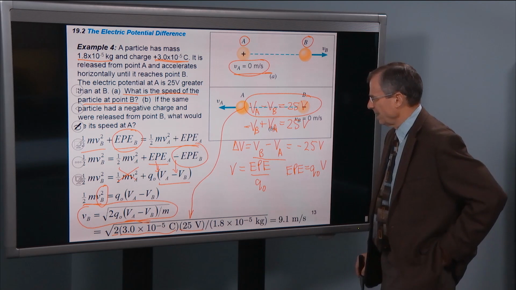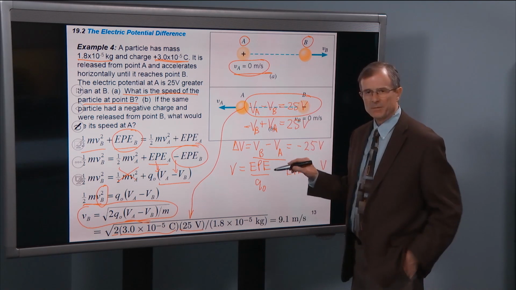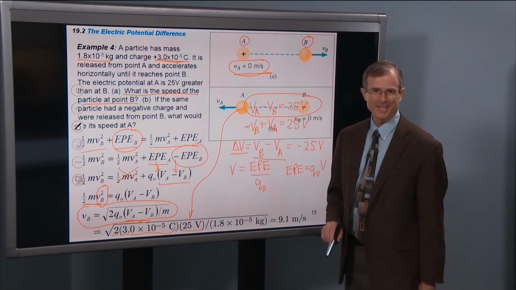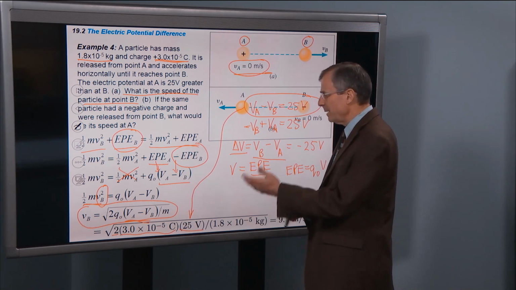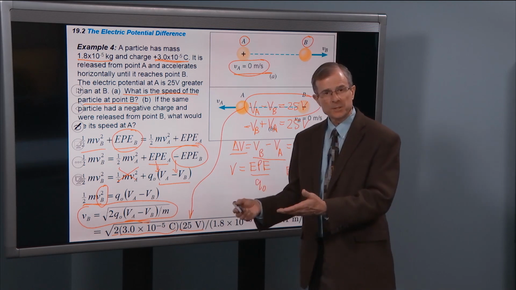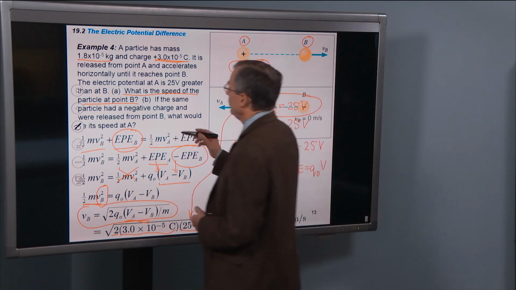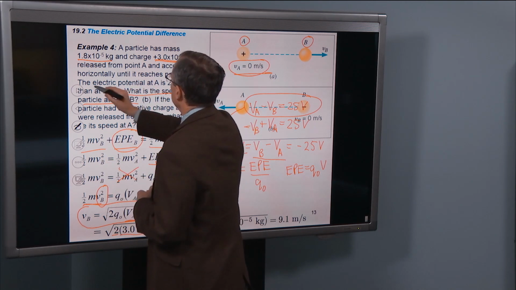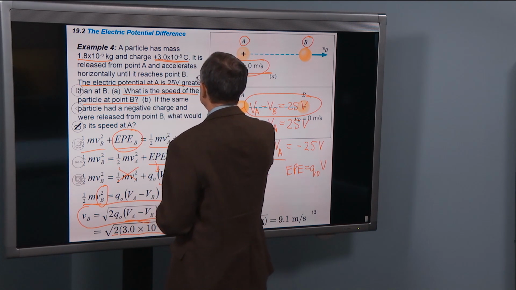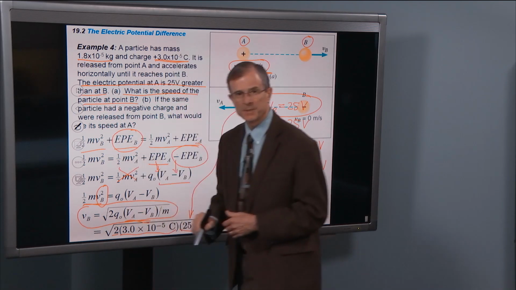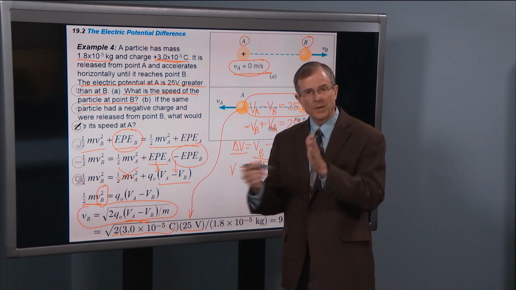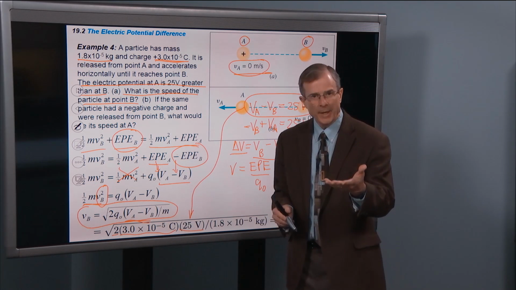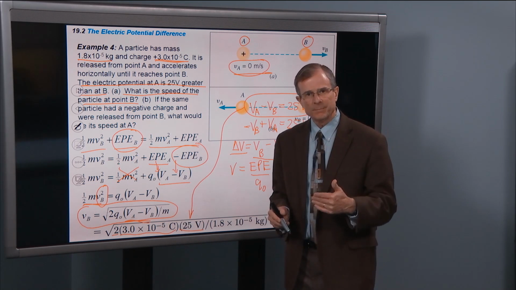Plug that in. And actually, we could have saved ourselves a couple of steps. We could have just said, I don't even need to really worry about delta V. We could just say VA minus VB. What's the information that we have about A and B? Well, it is that the electric potential at A is 25 volts greater than the electric potential at B. So VA minus VB had better be a positive number because VA is greater than VB.